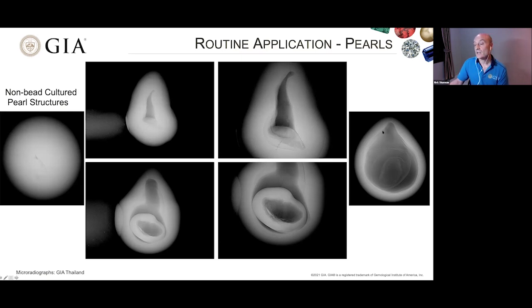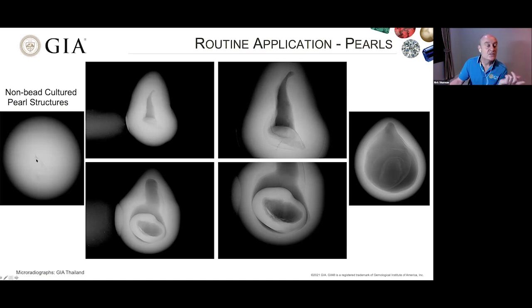And this is a large void in a non-bead cultured pearl. And again, it's got some sort of structure within the void. So it's not like it's completely hollow. And the difference from this one over here on the left is that we have this linear type feature. And I was saying that we could separate to a degree salt water from fresh water using the X-rays.